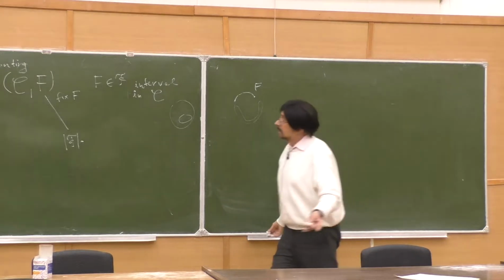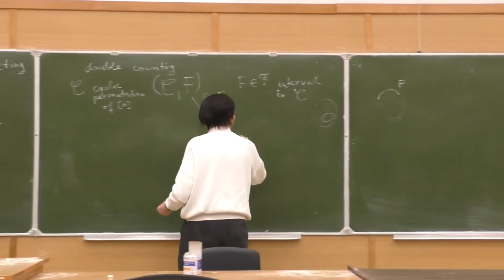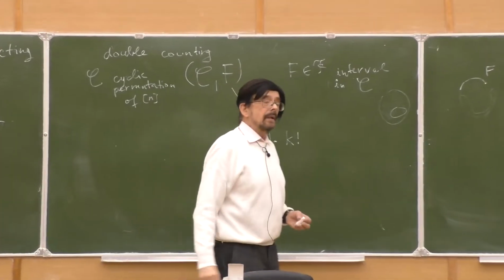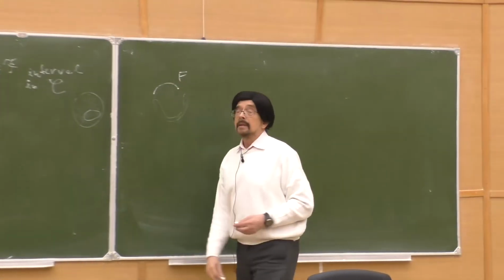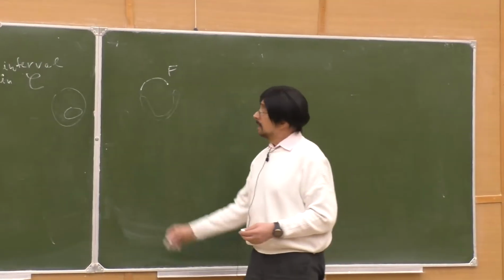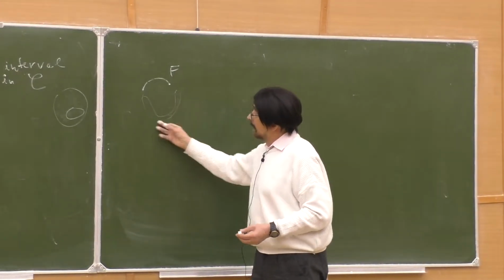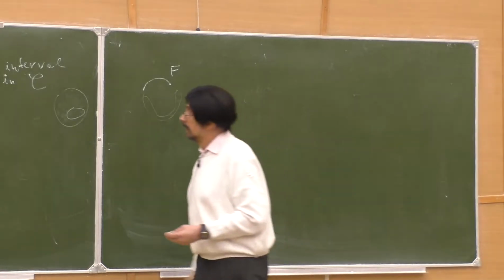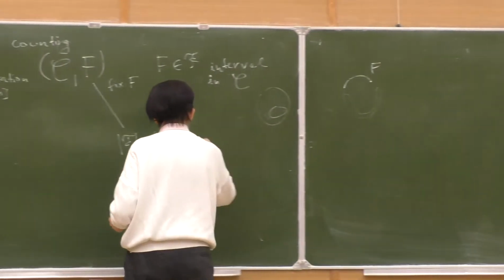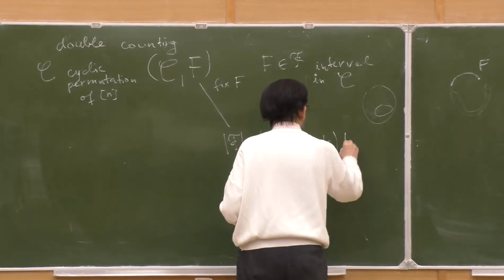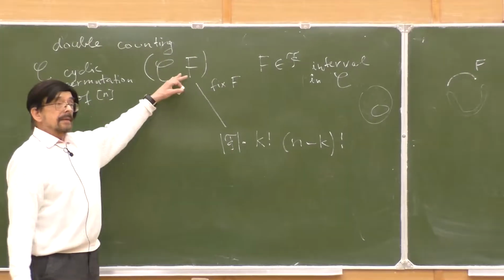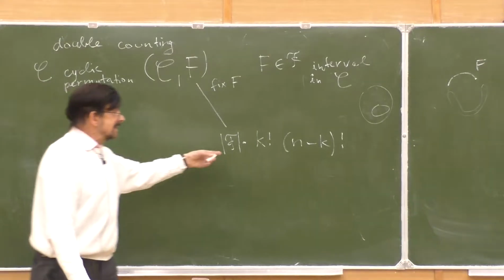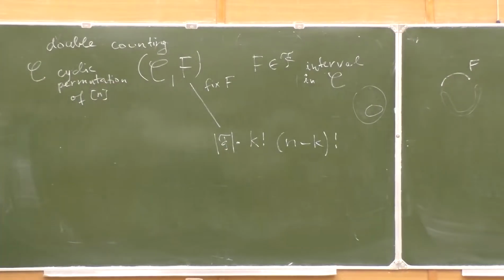In how many ways? Of course, k factorial is the number of ways of mixing these elements. And then we have to mix the other ones. So that will be n minus k factorial. So we know that the number of such pairs is exactly this number.